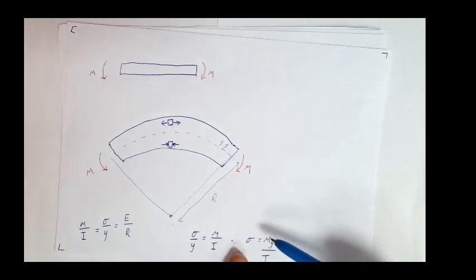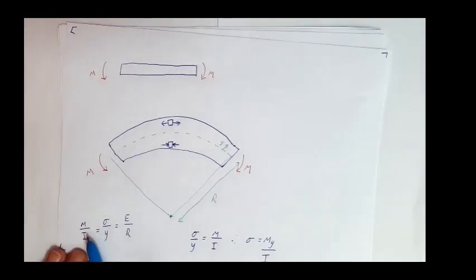So all of those terms, M, I, sigma, Y, E, and R. M is my moment, I is the stiffness of my beam section, sigma is my stress, Y is the distance from the neutral axis, E is the Young's modulus, the stiffness of the material, and R is the radius of curvature.